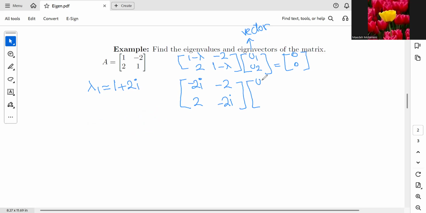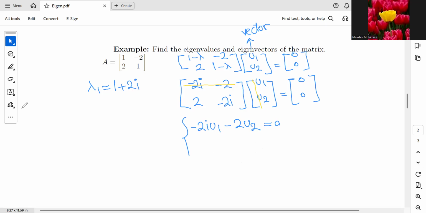We have v sub 1, v sub 2 here. Now we're going to write the system of equations based on this equation. So in order to do that, we're going to multiply the first row and the column. So we would have negative 2i times v sub 1 minus 2 v sub 2 equals 0, because the first one is 0.